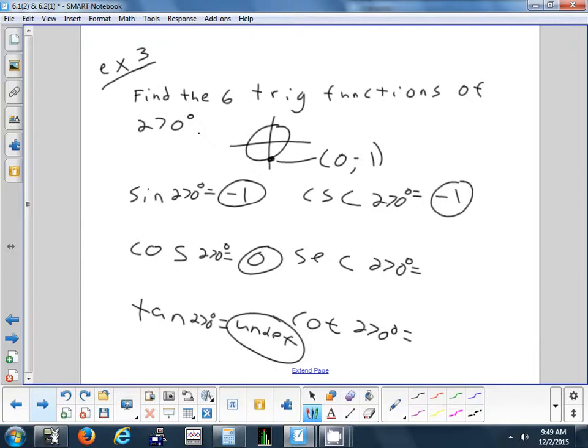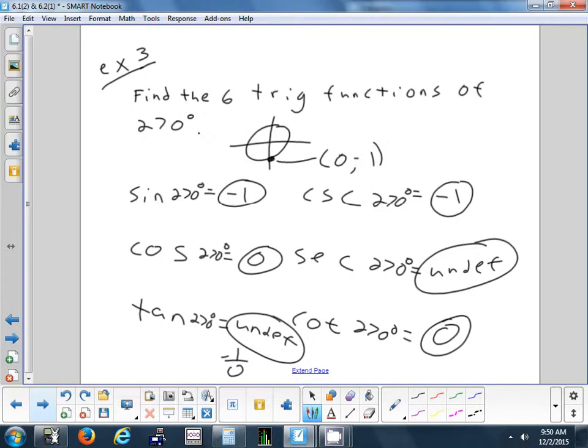Negative 1, when you flip it, it stays exactly the same. Secant? Undefined. Cotangent? 0. Remember, this is negative 1 over 0. When you flip it, it's 0 over negative 1. Be careful on those. Don't make little mistakes. They're simple, but don't make stupid mistakes. Any questions on that?